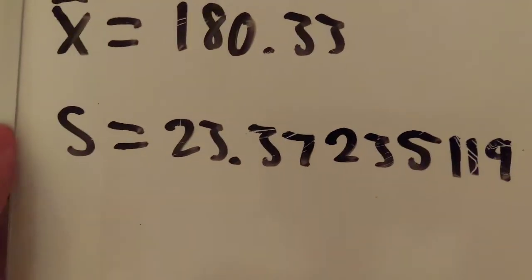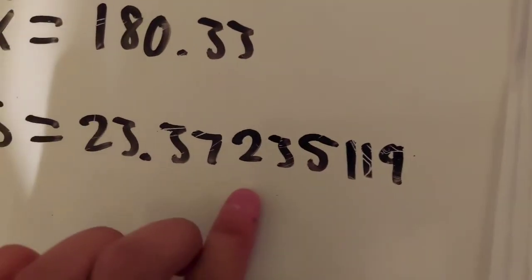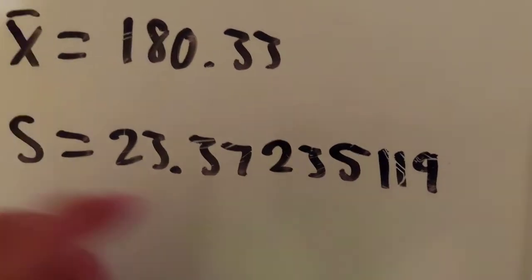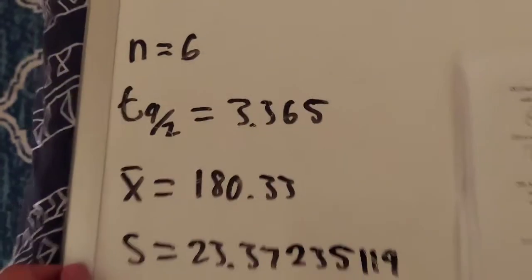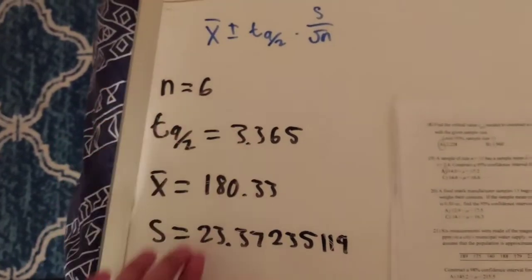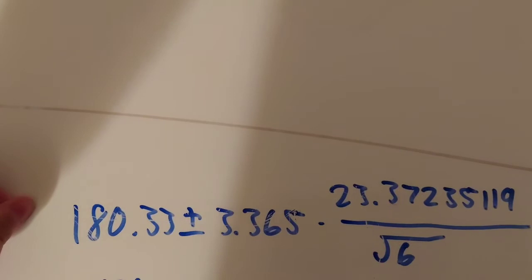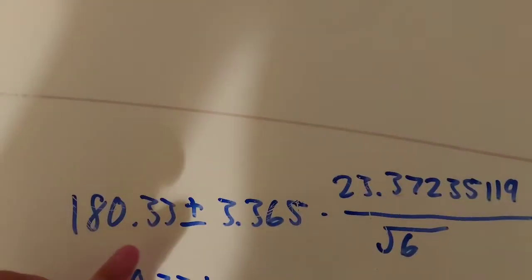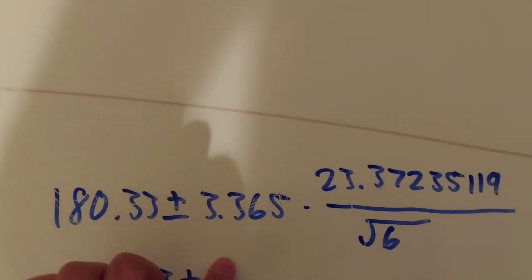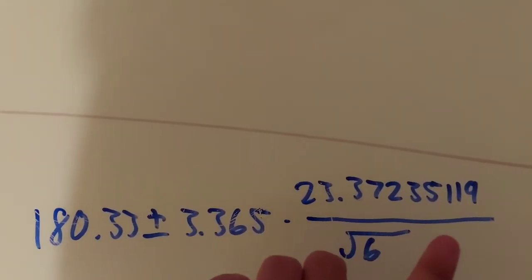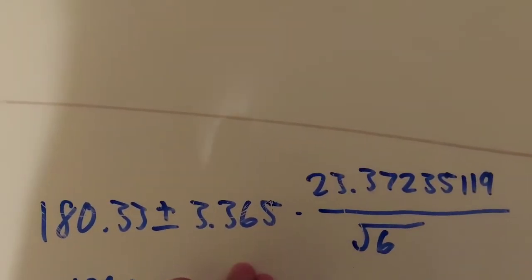And our sample standard deviation is 23.37235119. Now, we're going to put all these numbers into this formula. It's going to look like this: 180.33 plus minus 3.365 times 23.37235119 divided by the square root of 6.